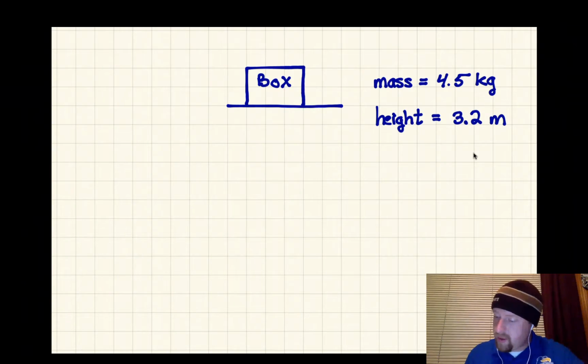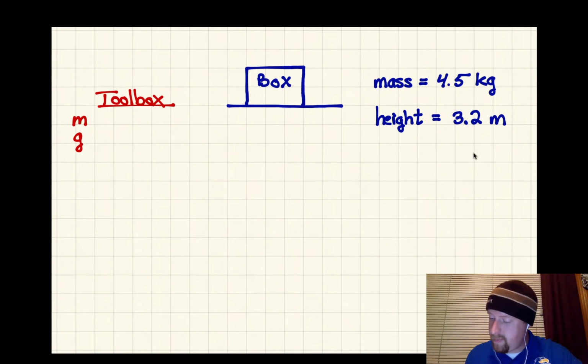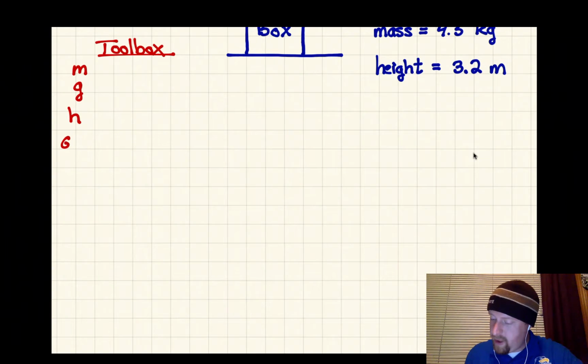The first thing we're going to do is create a toolbox for this problem. A toolbox for gravitational potential energy looks something like this: we have mass, we have lowercase g, we have h, we have GPE.